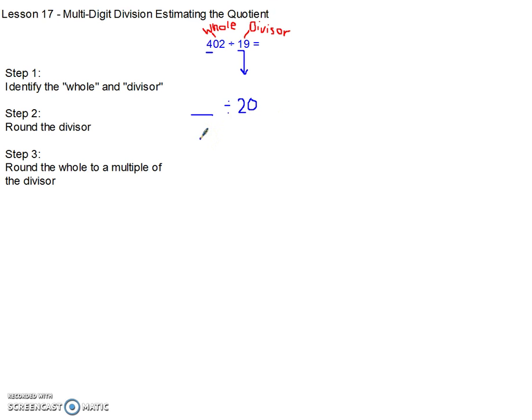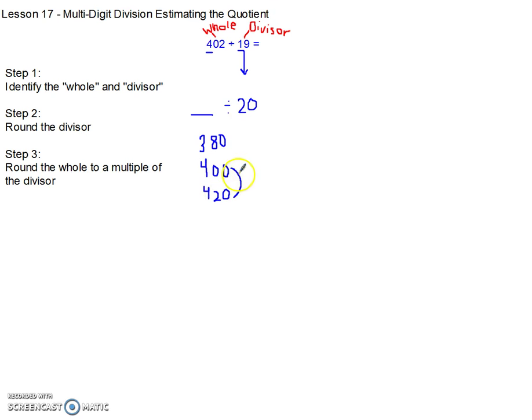Then the next multiple of 20 would be 400, and the following multiple would be 420. So now that I have something that is above my original whole number, I can say, okay, I know that 402 is going to fall somewhere between these two multiples, 400 and 420.